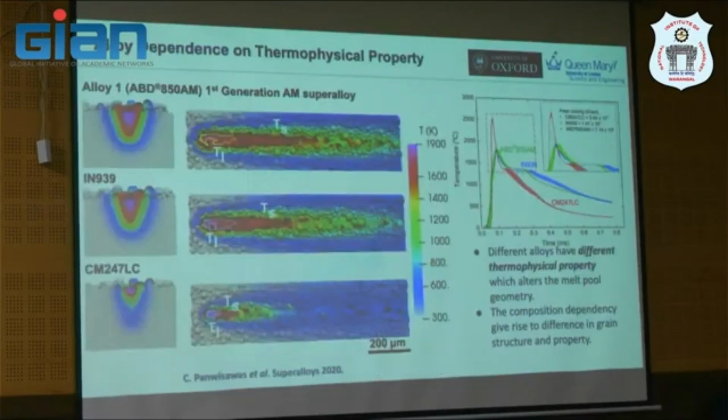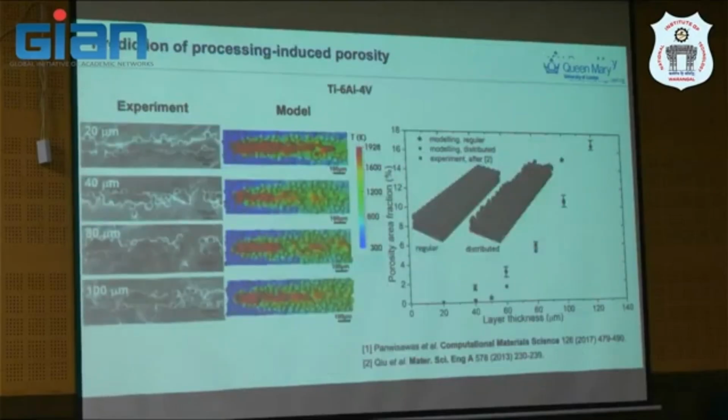Again, this has been shown already as an example previously. Understand different alloy compositions. And then we use this as well to predict the porosity-induced surface information. So we ran the model because, let's say, if you vary just one parameter, it's complex enough already. You spread the powder first time, and you spread the powder second time.